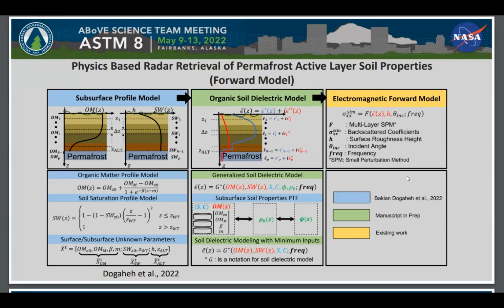Then, to link the soil properties to the radar scattering measurement, we need an organic soil dielectric model, whose input is the soil properties, organic matter and saturation water fraction, and it derives the dielectric profile. From there, we can incorporate that dielectric profile into a radar scattering model to give us the radar backscatter properties. Next slide, please.